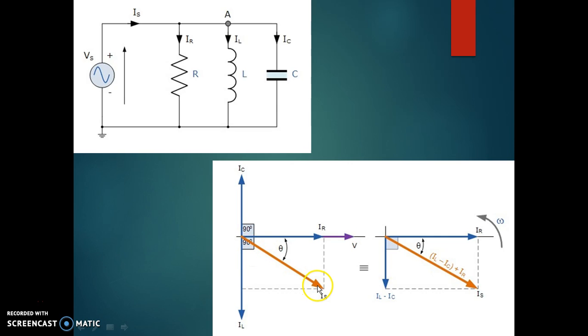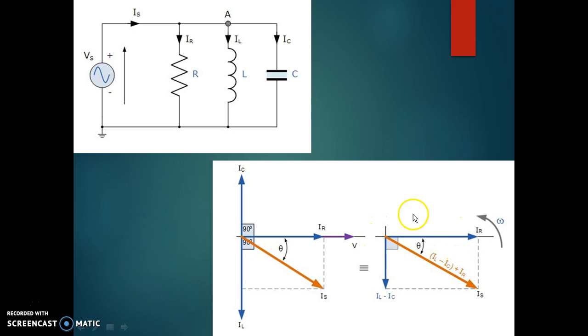And Is would depend upon the magnitudes of IC and IL. If IL is greater than IC, it would be downward, and if IC is greater than IL, Is would be upward.